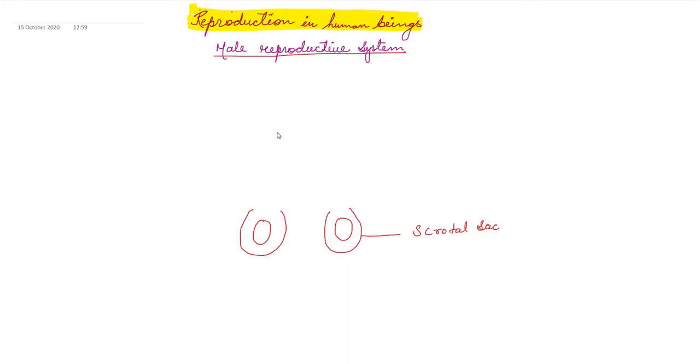These scrotal sacs are not far away from each other. I have drawn this structure to make you understand the things in between, the various things I have to explain. So testis is oval in shape. Mark it, testis.